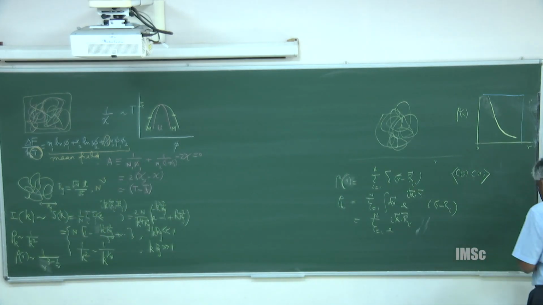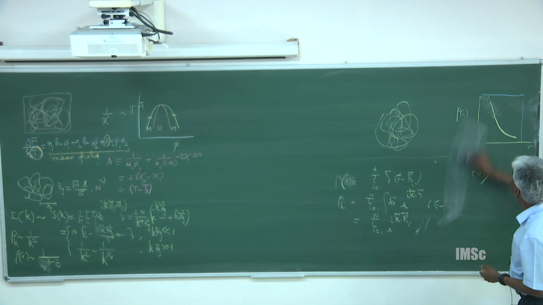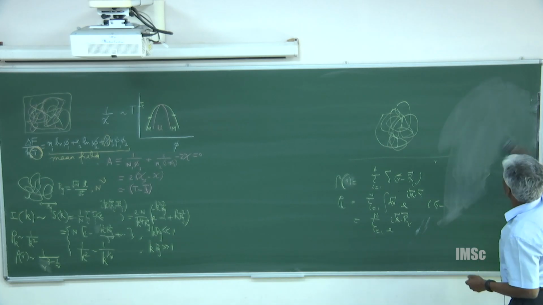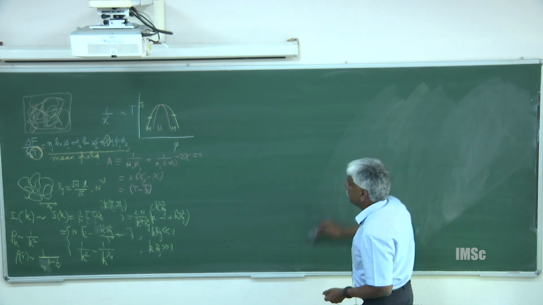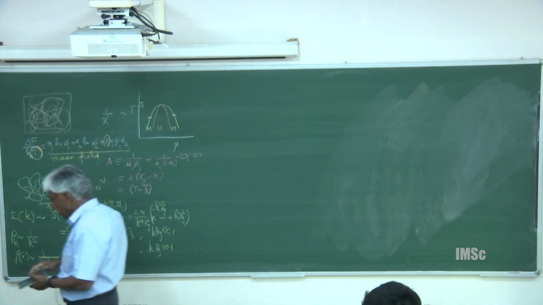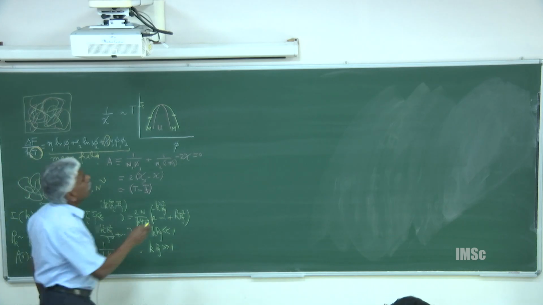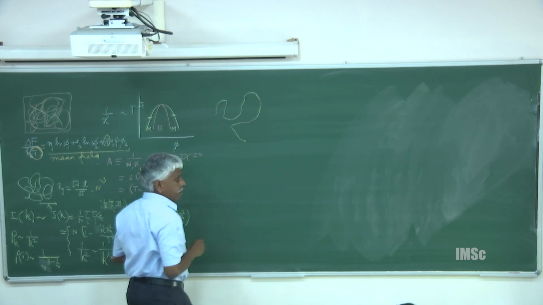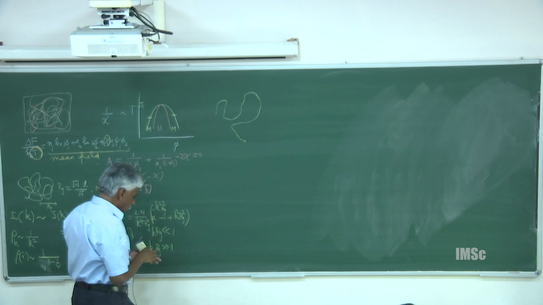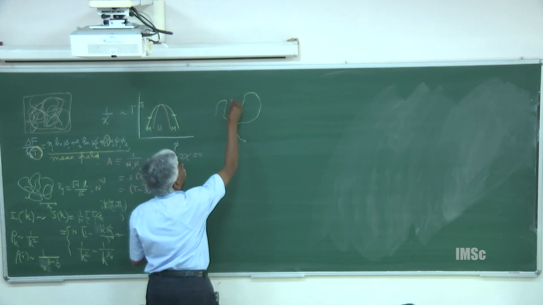So, let me summarize what we did before. I am going to erase this. If I had a chain like this in a dilute solution, when I make the concentration higher, then I have interpenetration.